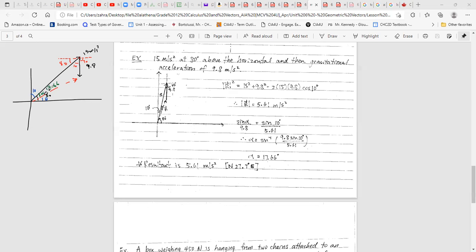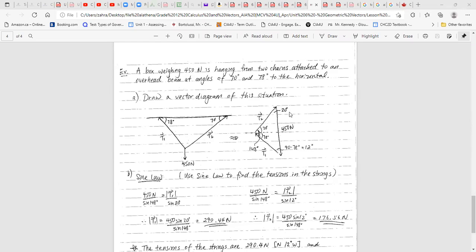And 10 plus 17.66, the angle from here to here, is 27.6. Approximately, I call it 27.7. So this is north 27.7 to east, as you see here. You put the magnitude, and here is the direction.